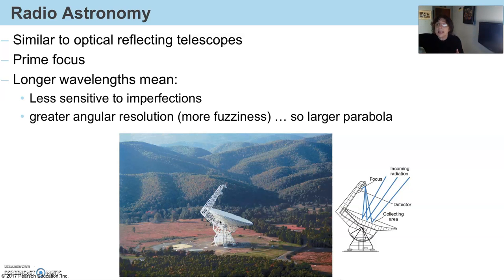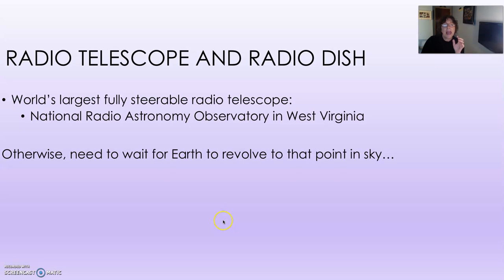And if something exciting is happening out of their range, tough luck. So to have a steerable radio telescope is a huge asset, and it has a very large parabola, certainly not 300 meters though. In terms of that, that's what I was talking to you about.